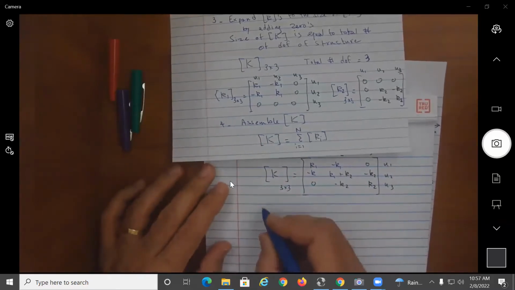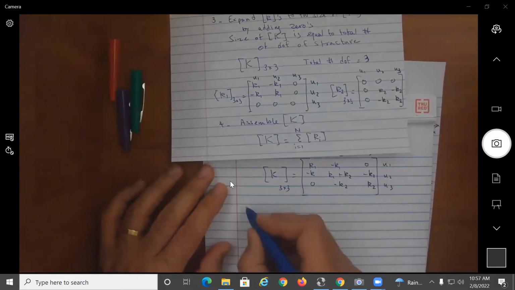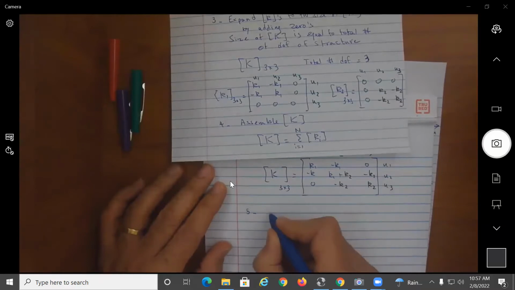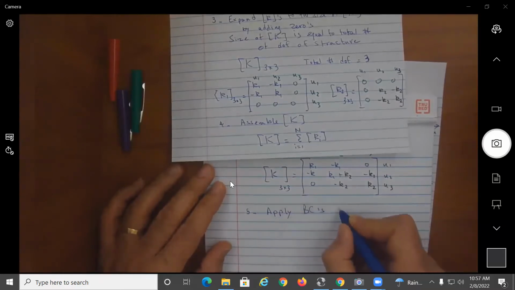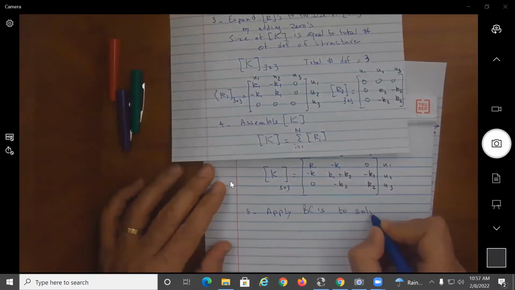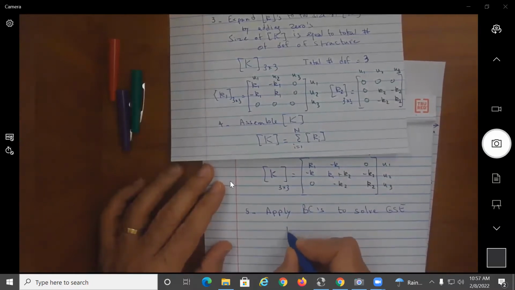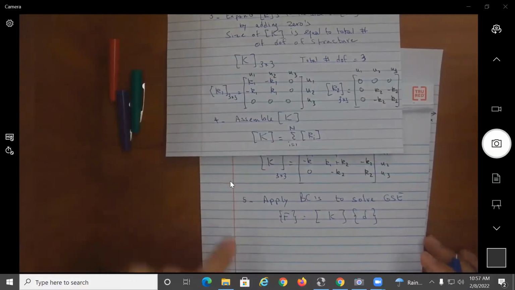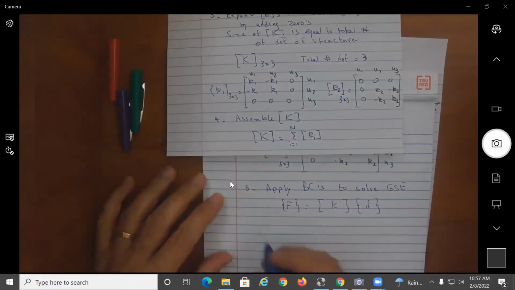Once you have the element stiffness equations, in step number 5, you're going to have to apply the boundary conditions to solve the global stiffness equation. So the global stiffness equations are given by F equals K times D. And what do you do here?